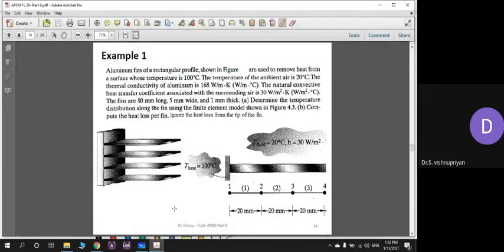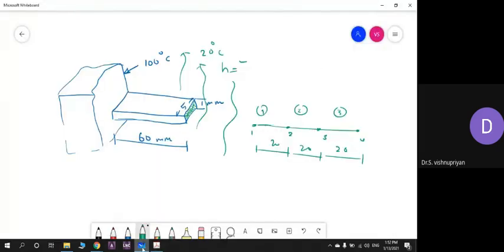So first we have to find the temperature distribution along the fin. That means at various points along the fin, what is the temperature? Now when I say various points, if you use only 3 elements, that is 4 nodes, maximum you can find only 4 temperatures. And among those 4, the temperature of node 1 is already given to you, 100 degrees Celsius.